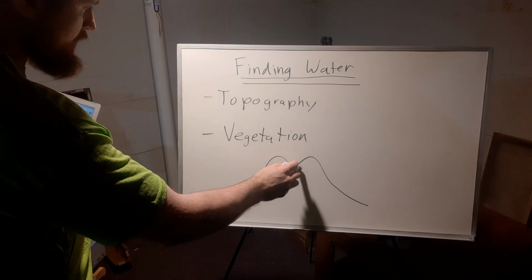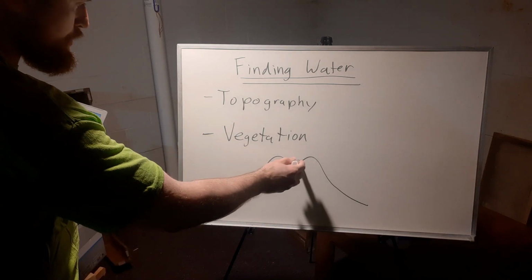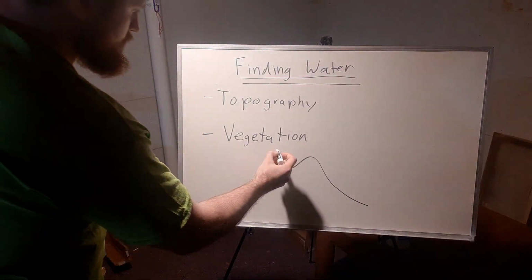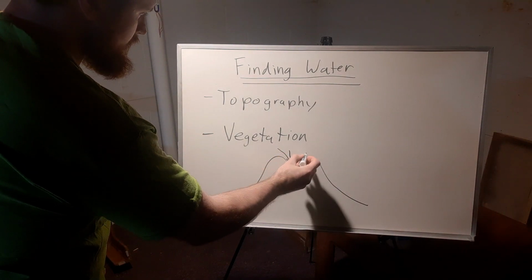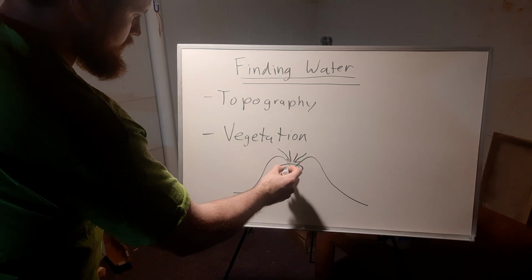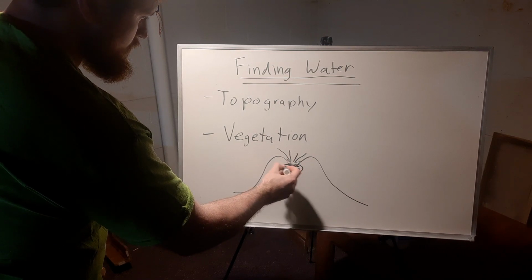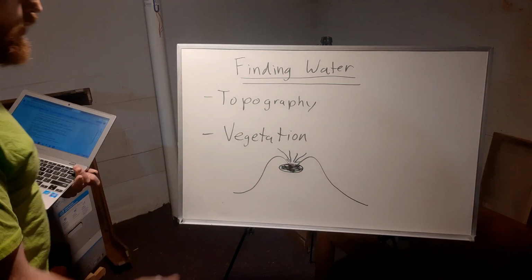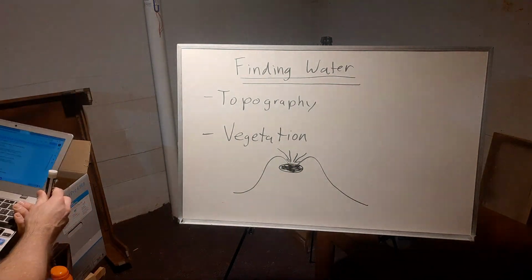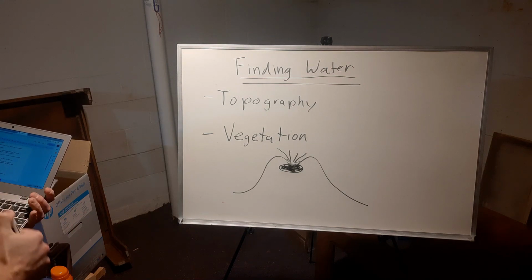So this is a natural area where water is going to pool and collect, okay? Right in here, because gravity is going to force the water down, you're going to have pooling of water here, okay? This area is going to be more likely to have wet areas and water is going to naturally collect there, okay? So that's another thing you want to look for.